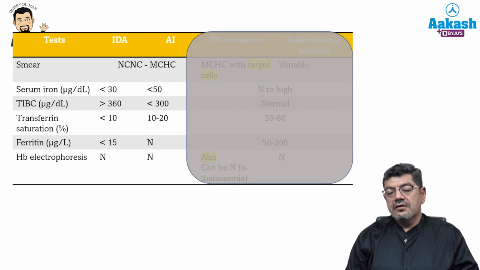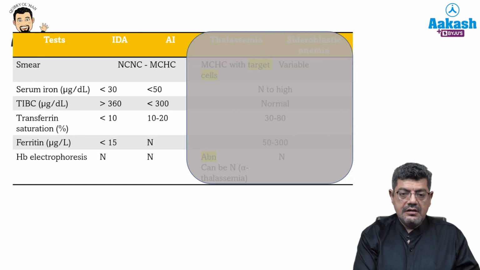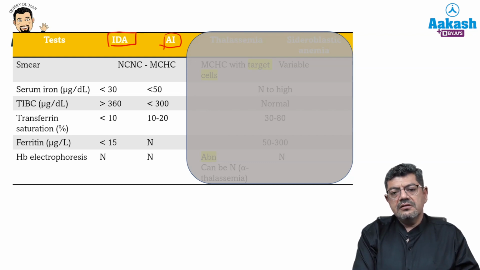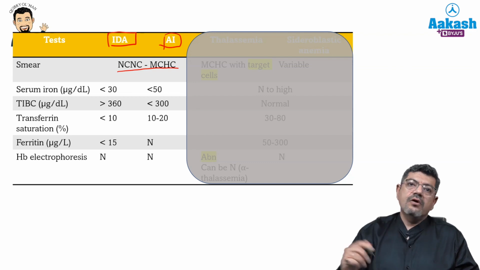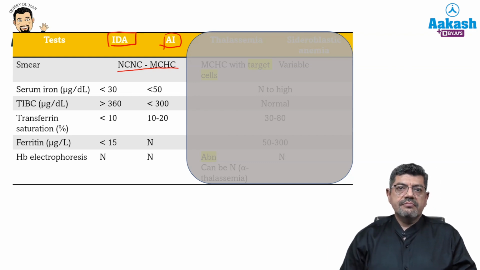Now let's look at how to distinguish these two entities. Especially let's look at iron deficiency anemia versus anemia of inflammation, right? The smear in both of these entities is more or less the same. Normocytic normochromic in the early stages and becomes microcytic hypochromic in the late stages, even for anemia of inflammation patients, right?